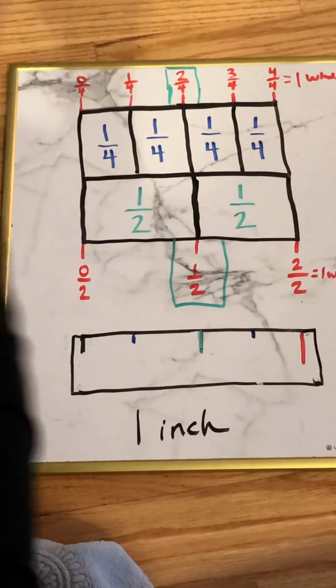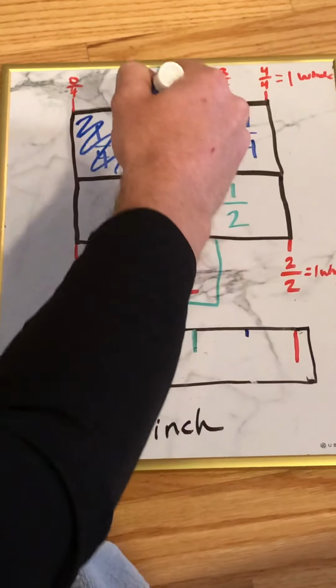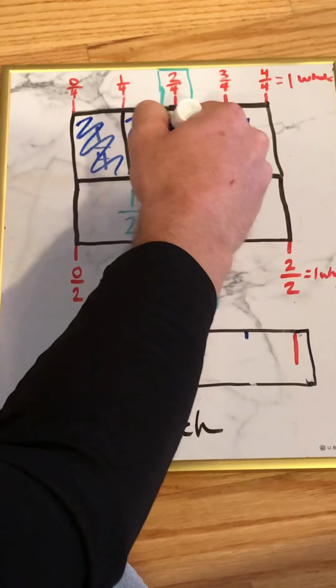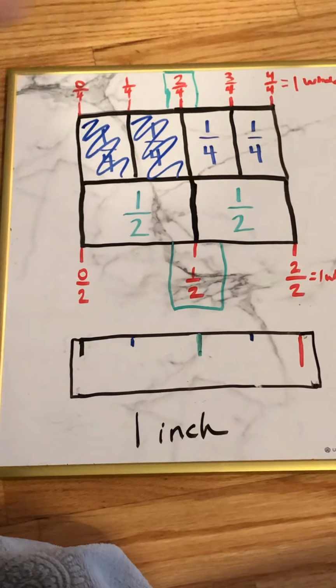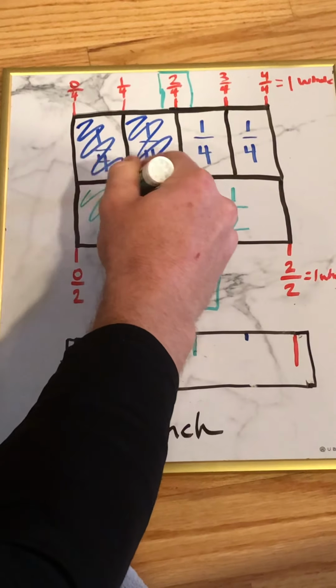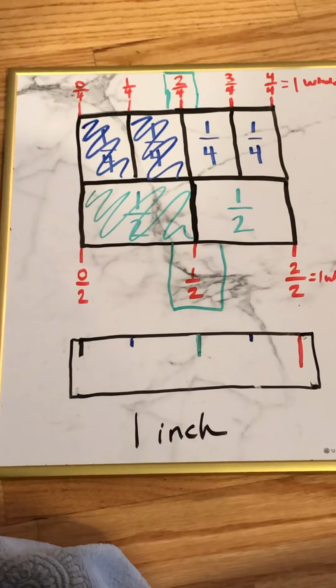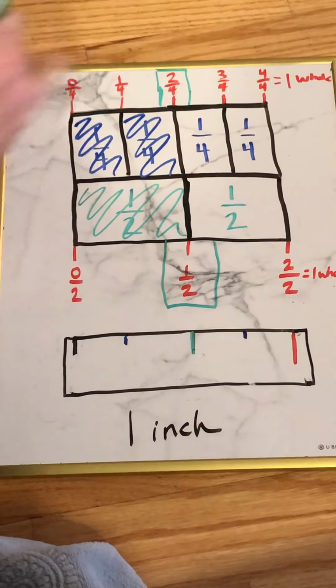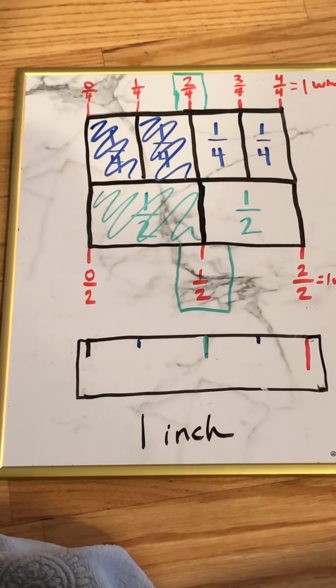If I shade in 2/4, and then I shade in 1/2, look, guys, they are equal. 2/4 and 1/2 are equal to one another.